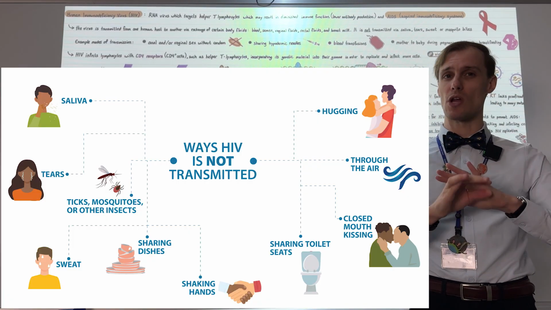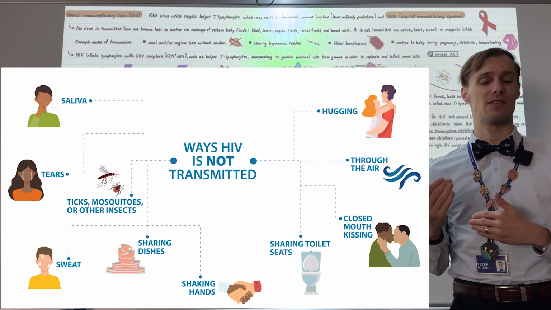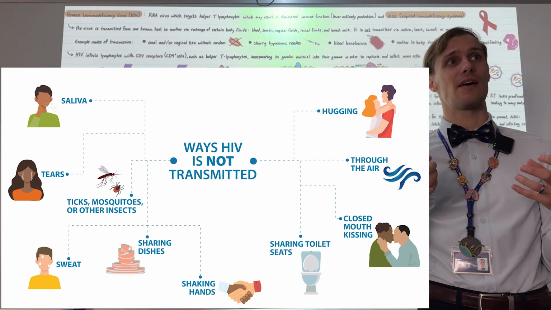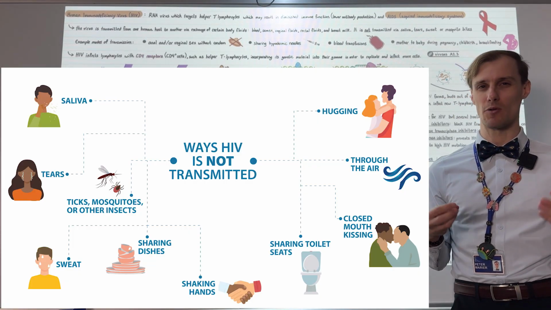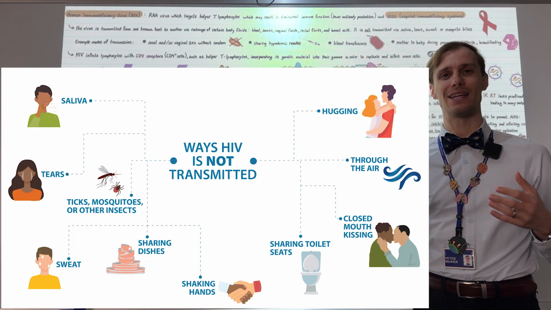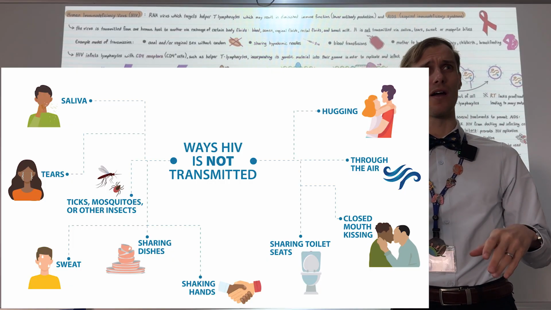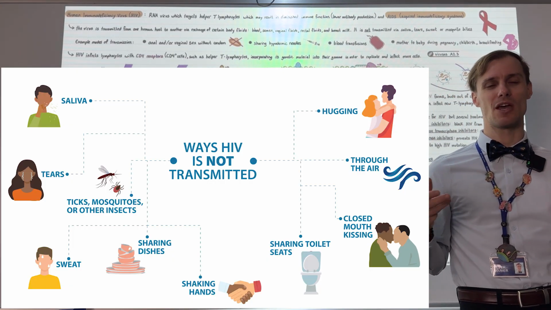Mosquitoes do not transmit HIV from person to person. HIV does not survive in saliva because saliva actually contains antiviral proteins, and so it starts to break down fairly rapidly. And of course, HIV is not transmitted by touching or shaking hands or sitting on a toilet seat.